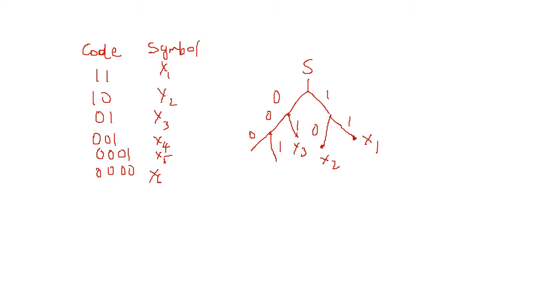Now 001 is the symbol x4. For 000, you don't have any code word, so we branch it again, 0 and 1. So 0001, you are going to get the symbol x5, and 0000 is the symbol x6. So this is how we draw the code tree for the given problem.